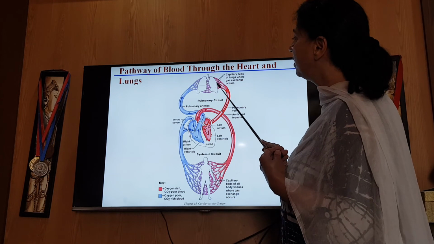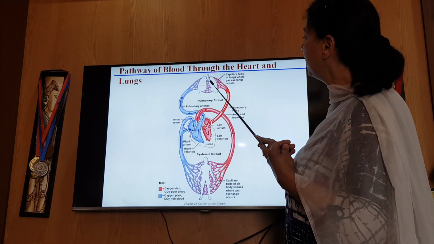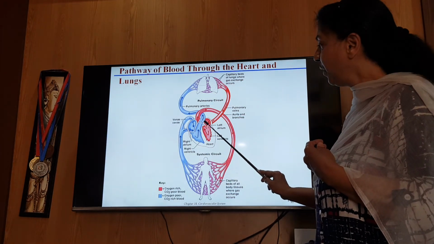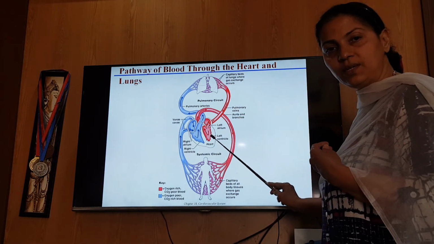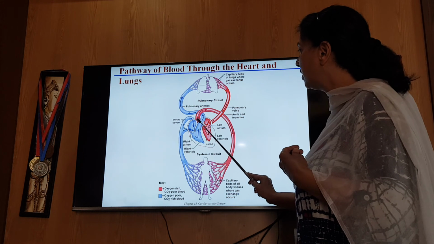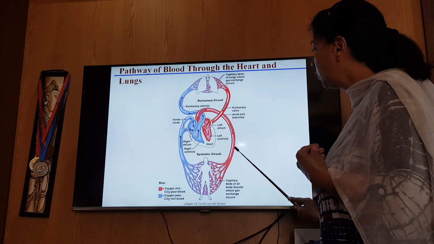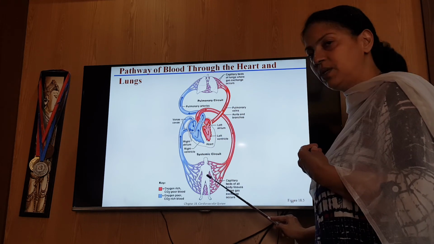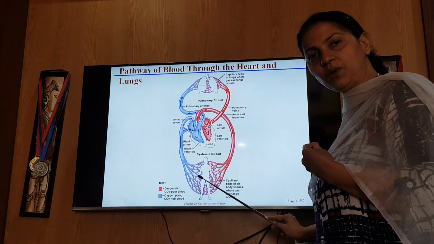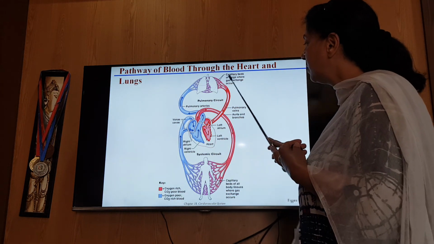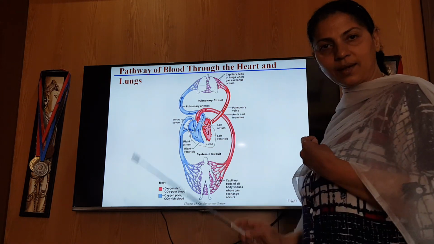In the lungs, the blood is getting oxygenated and then returned back to the left atria. From there it goes to the left ventricle. Left ventricle through this aorta sends the oxygenated blood to all the systems of the body, where after metabolism the blood becomes deoxygenated, and again this cycle continues like this. Clear?